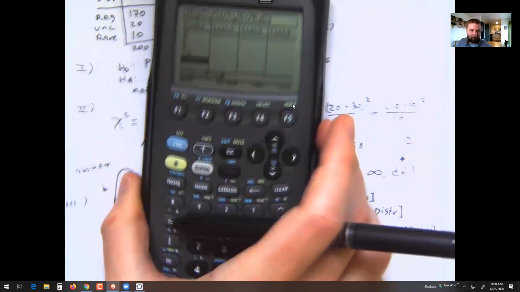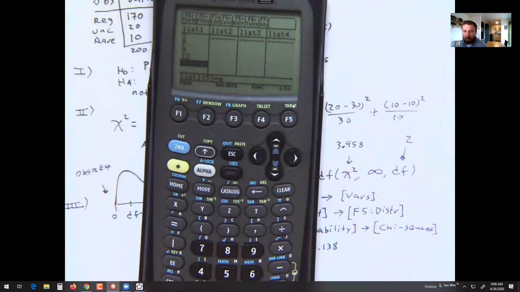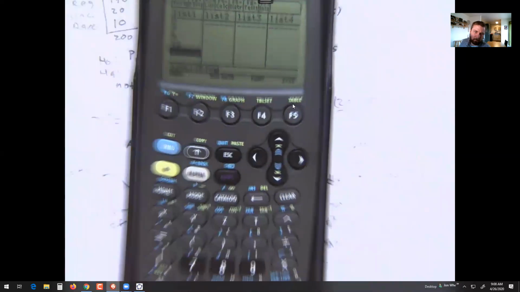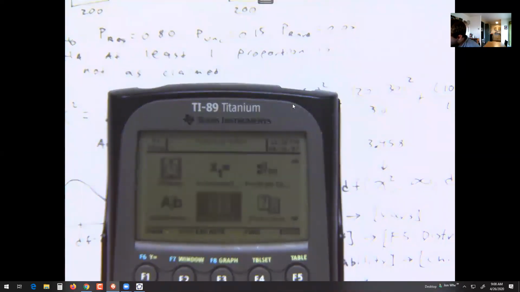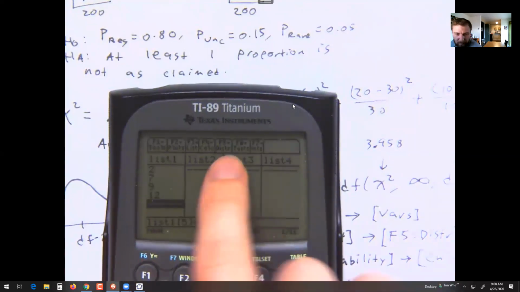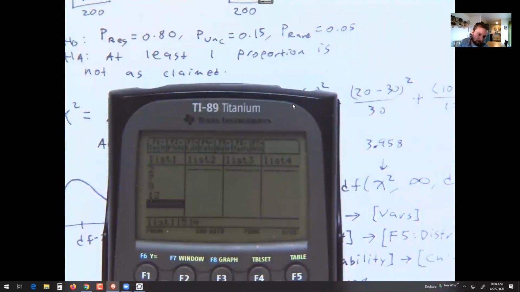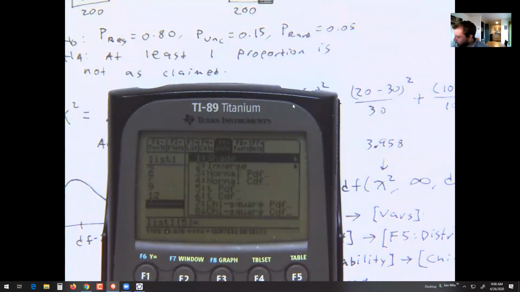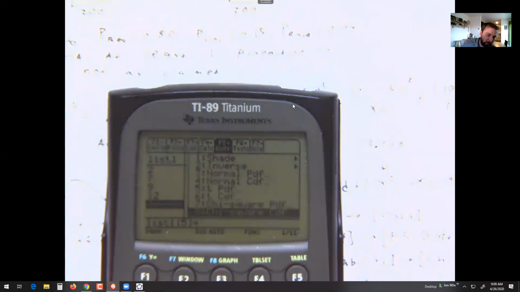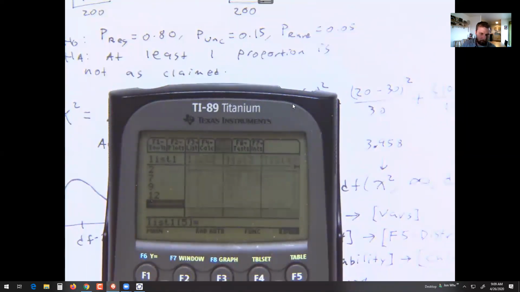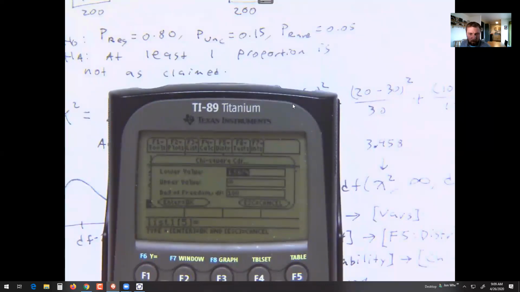TI-89. In the TI-89, I'm going into apps, and then stat list editor, and I'm choosing distributions there at the top, so I'm choosing F5. I'm working with ChiSquared CDF, and in this calculator it spells out chi-squared for me. My lower value is this 3.958 number.